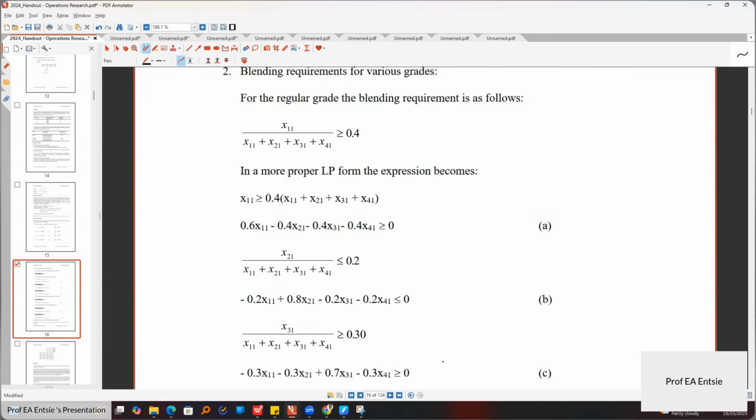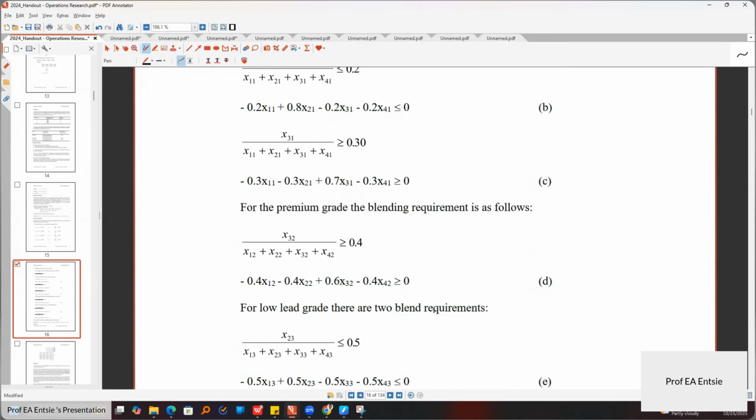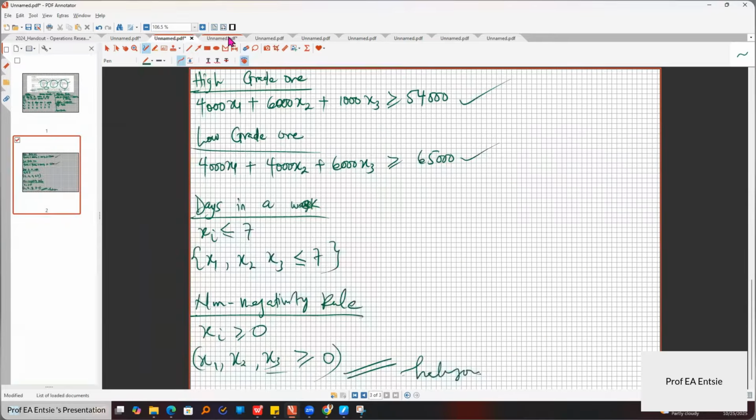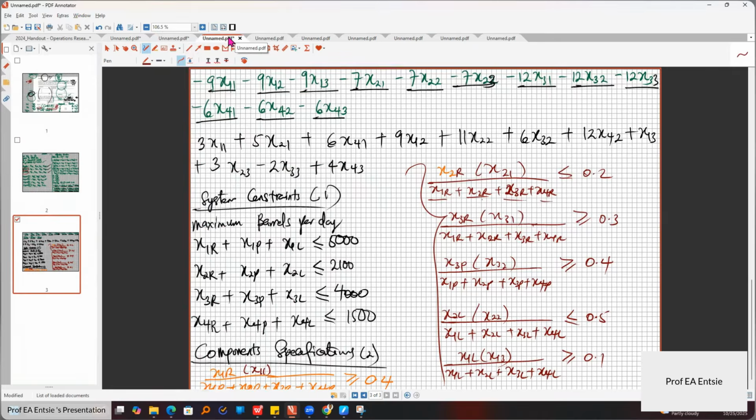I'm not here for you to just copy, copy, copy. So this is how it is. That's what you have done brilliantly. So here is x23. Forgive me.